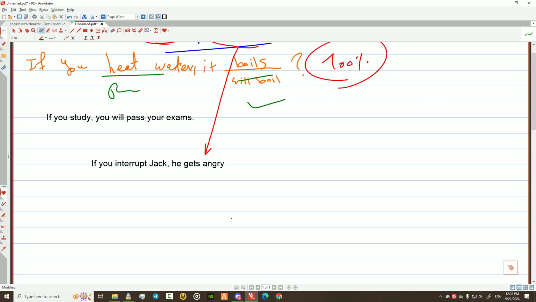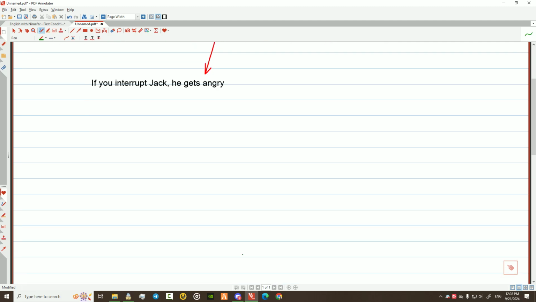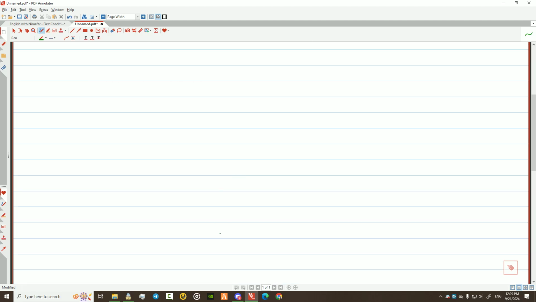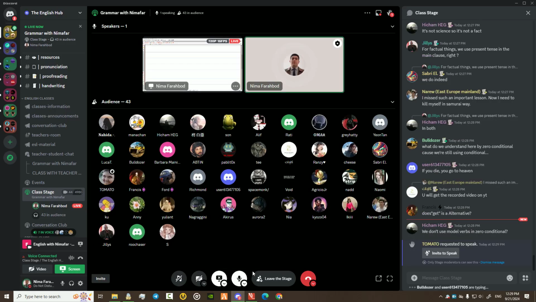We don't have will in zero conditionals. We use present simple and present simple. Both of them are present simple. If you heat water, it boils. Or if you interrupt Jack, he gets angry. It's not an alternative. It's another thing. Forget those alternatives. It's something else. We don't use modal verbs. We use present simple.